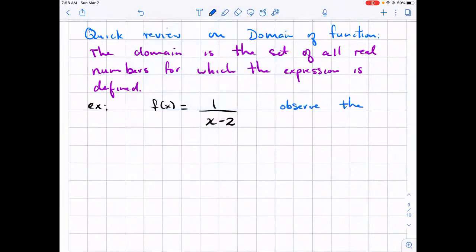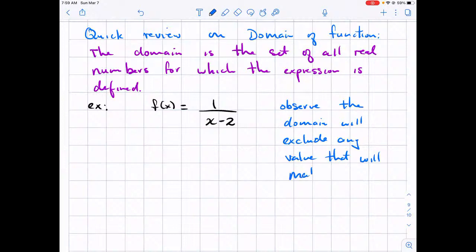The domain will exclude any value that will make the denominator 0.